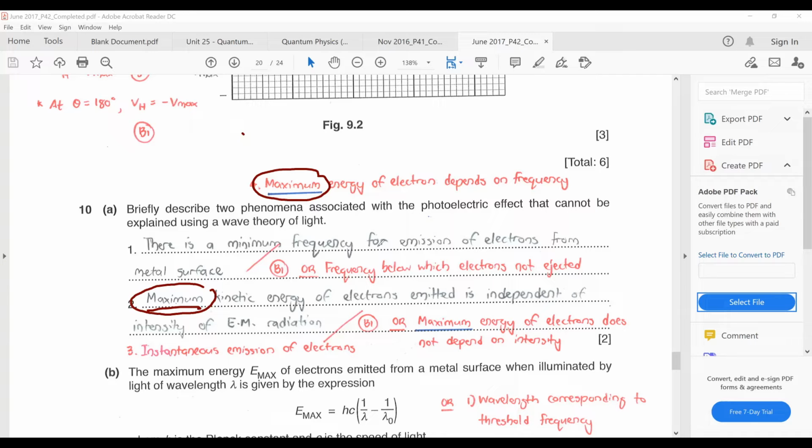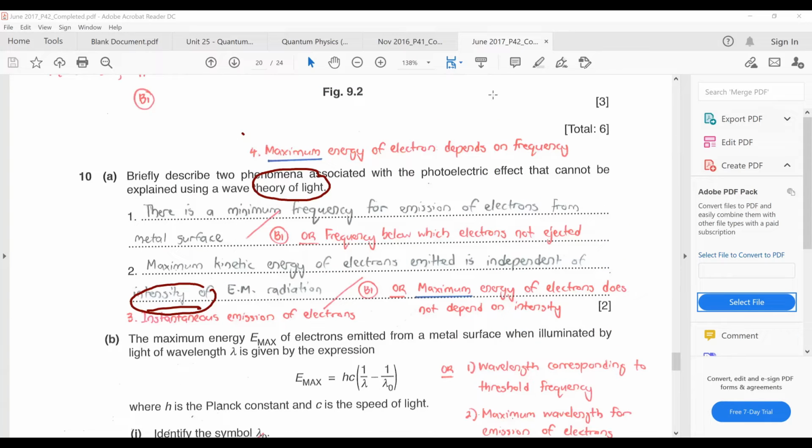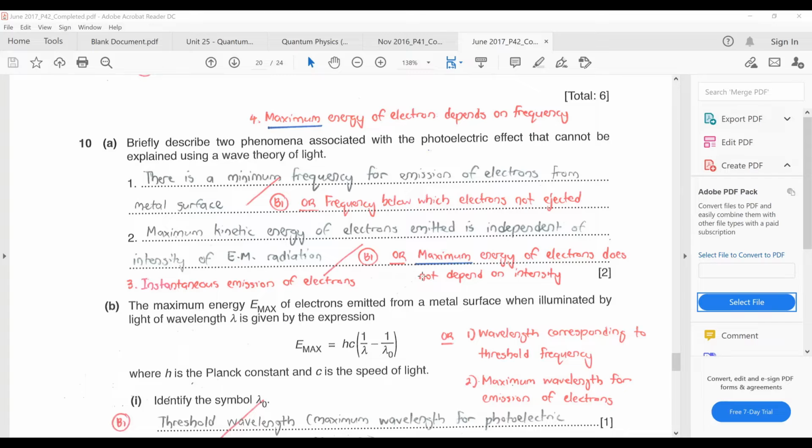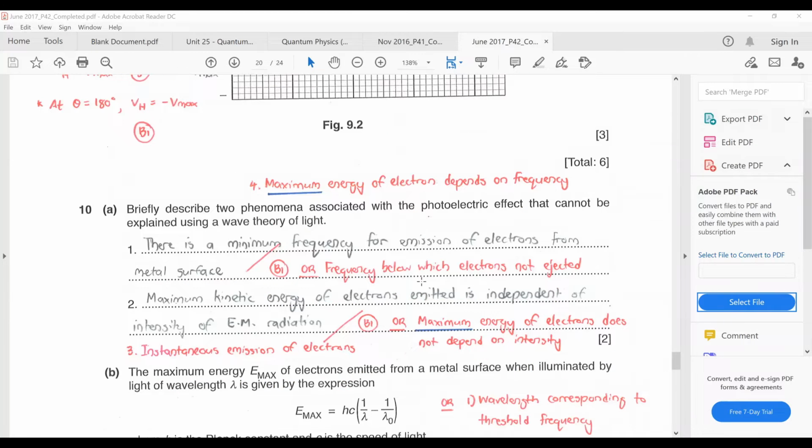So write any two of those and you should be fine. If this one is fine, then we go on to the next one.